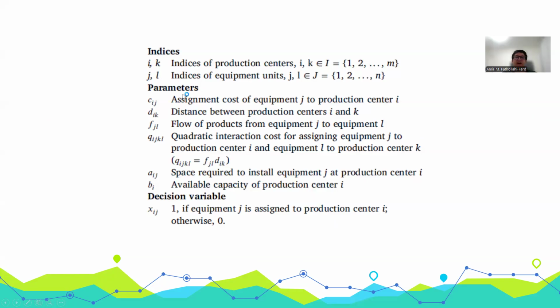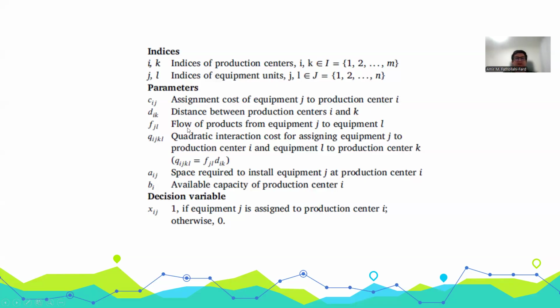There is an assignment cost, which defines the amount of cost for the assignment of an equipment to a production center. And from a geographical point of view for a supply chain system, for these facilities or centers, we have a distance matrix that shows the geographical distance between two different production centers.